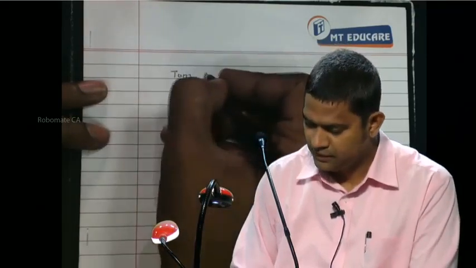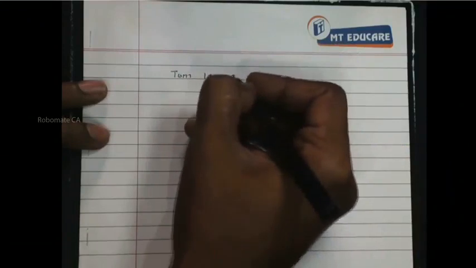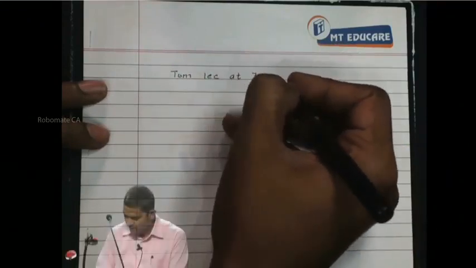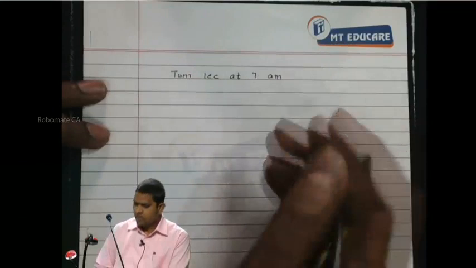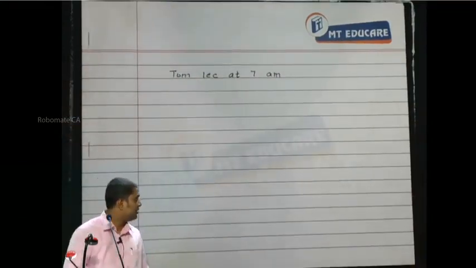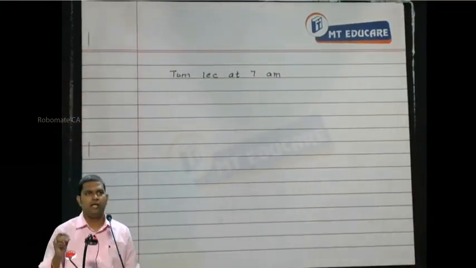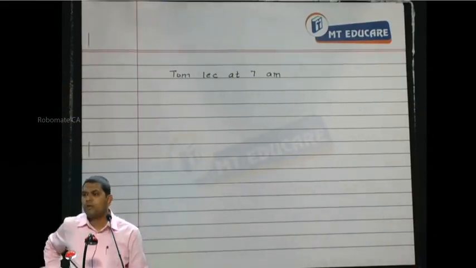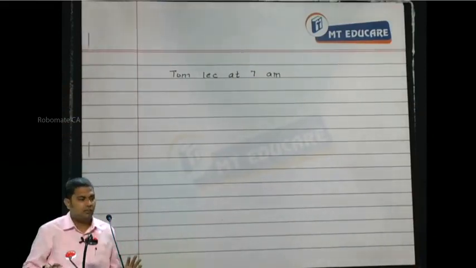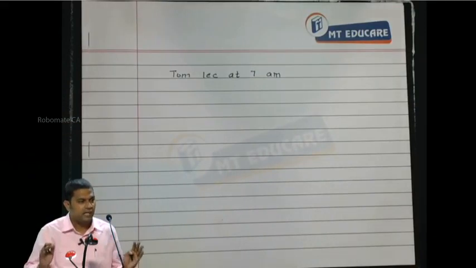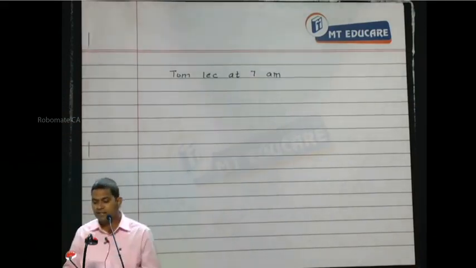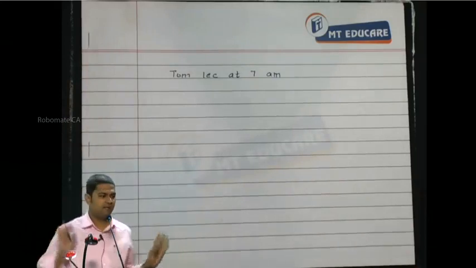So if I leave a note over here saying tomorrow lecture at 7 a.m., then everyone who is attending the lecture in the evening will come to know that there is a lecture tomorrow at 7 a.m. But I don't want that.